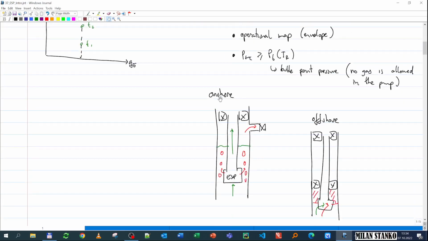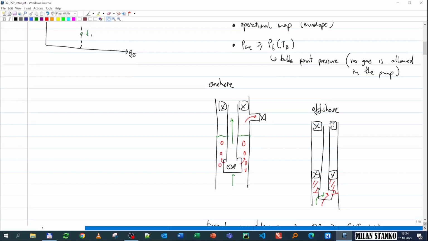For example, onshore wells, where I produce the gas through the annulus and then I produce the liquid through the tubing. Okay, you see here we have the mixture, oil and gas, entering the ESP. Then I have a gas separator that takes out the gas, sends it through the annulus, and then the liquid goes through the ESP. And in this case, this condition is not a constraint anymore, and I can produce at pressures which are below bubble point pressure.